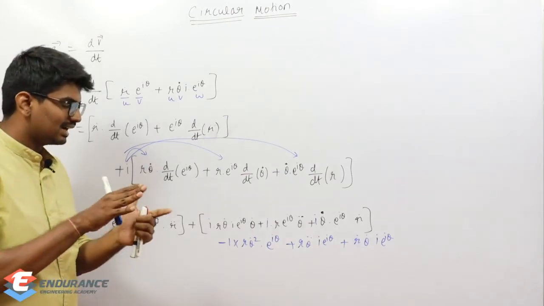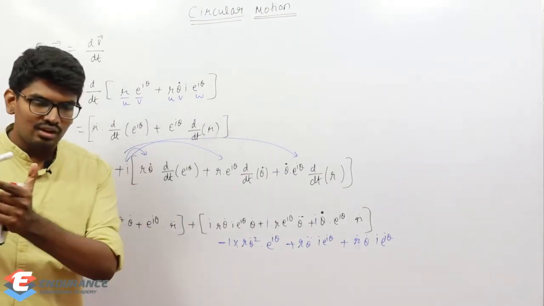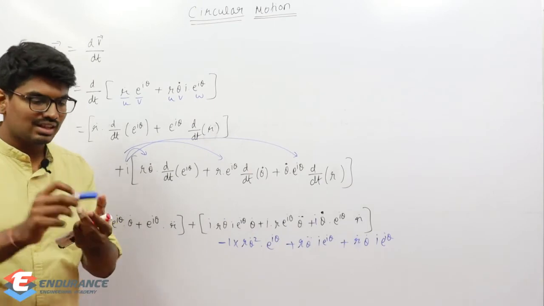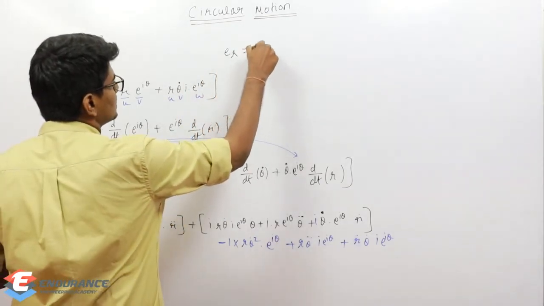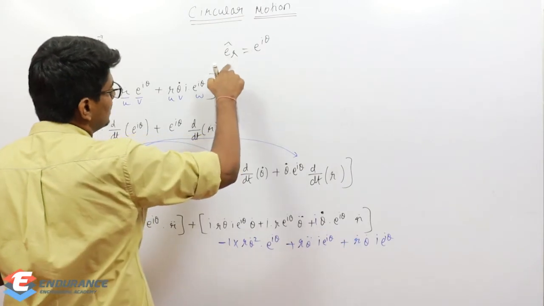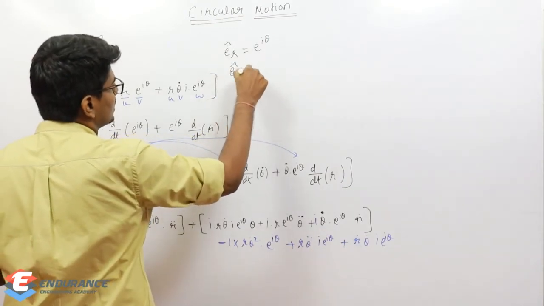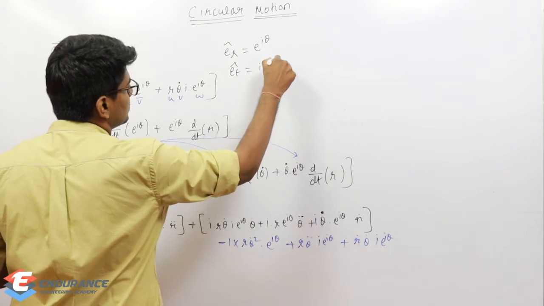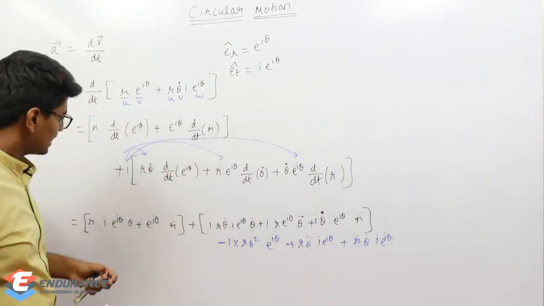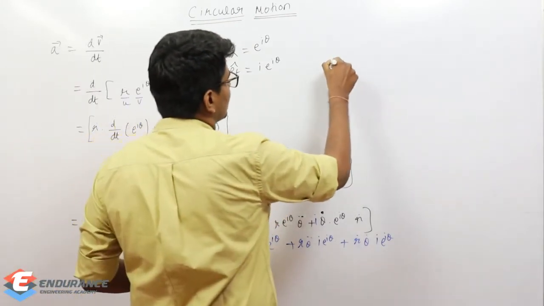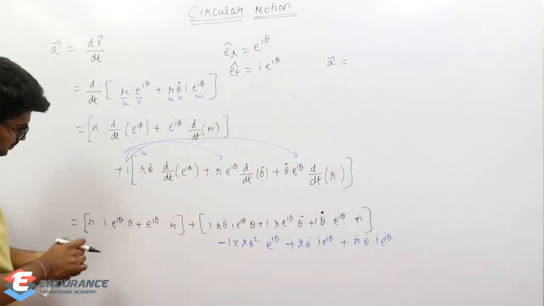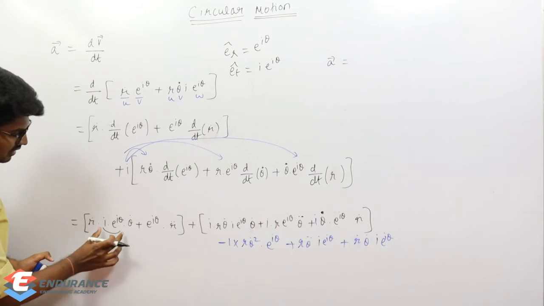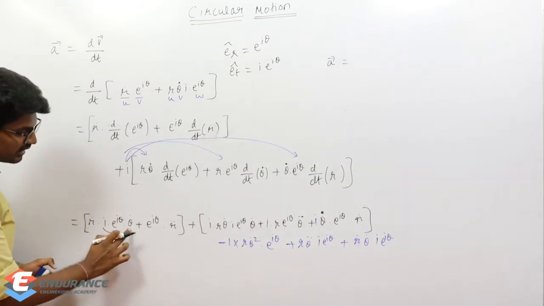Now simply segregate it. Segregate all the radial components separately, tangential components separately. We know that the radial unit vector is e power I theta, and the tangential unit vector is I into e power I theta. Am I right? So segregate it and keep it. So a vector is going to be equal to, here is I into e power I theta, r dot theta dot.